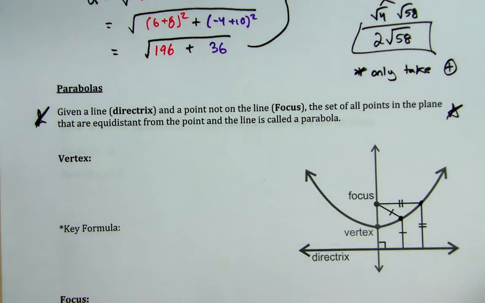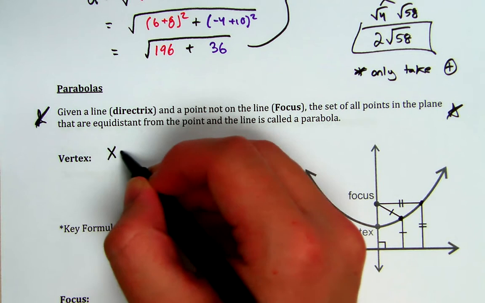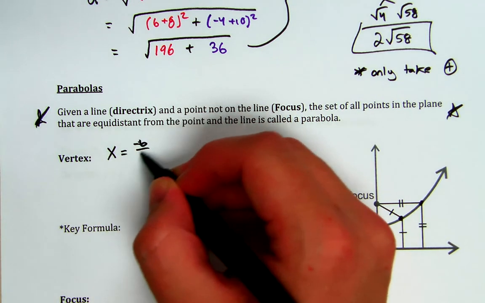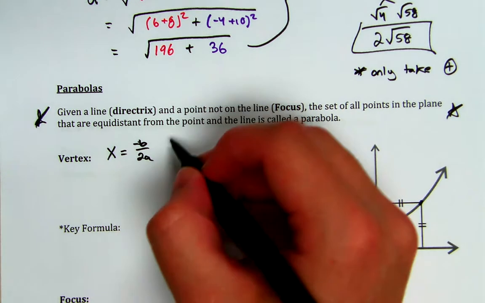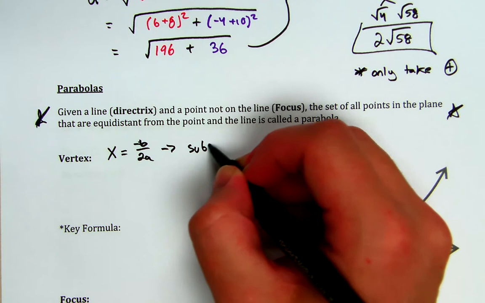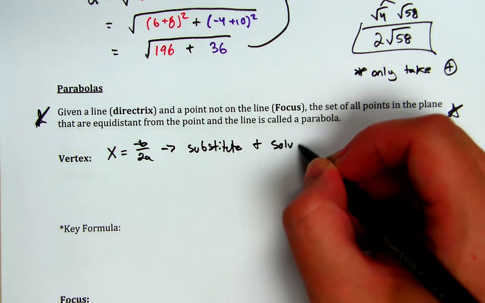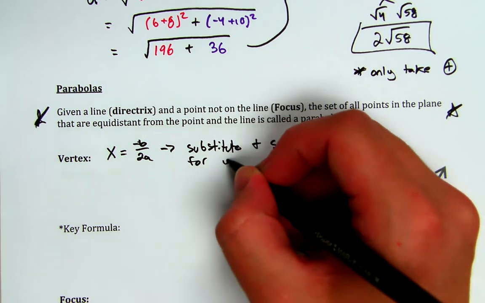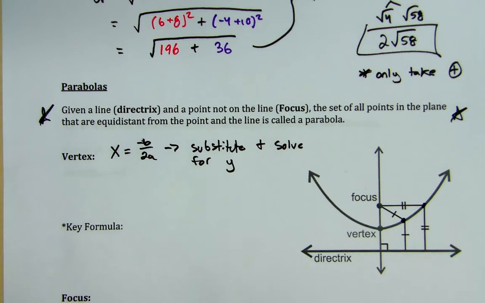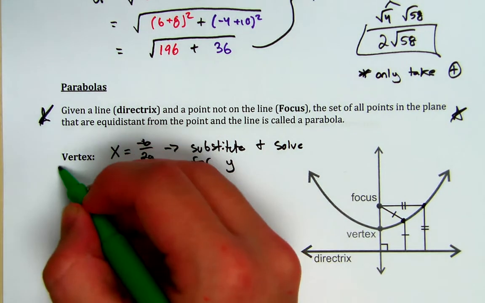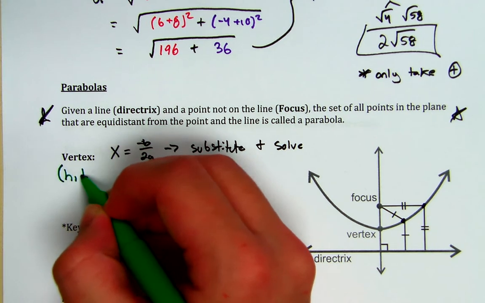You're definitely going to want to know this for the test, what a parabola is. Now, the vertex. We know this as taking x as the opposite of b over 2a, and then substituting to solve for y. Well, that's one way you can do it. The other way is to say the vertex is (h, k).